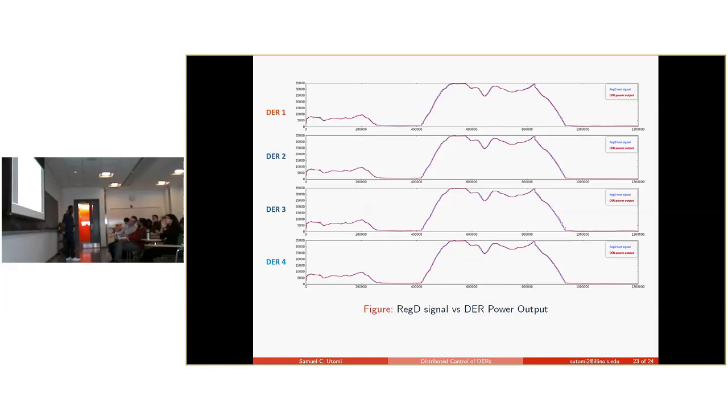So the regulation signal you see there corresponds to the signal received by the aggregator, and then the time it takes for the consensus to complete and send the results to the local controller to update the set points accordingly. So is that good? Yeah.